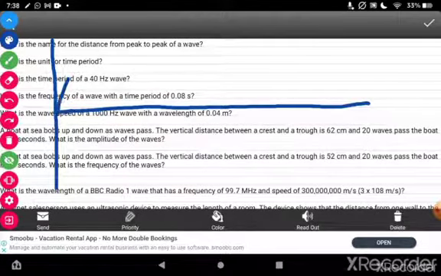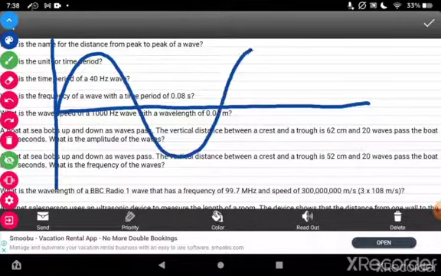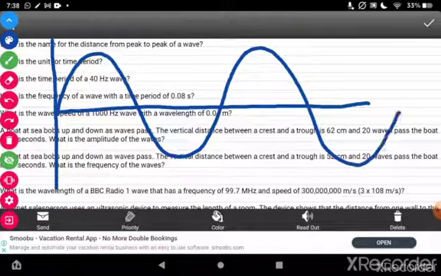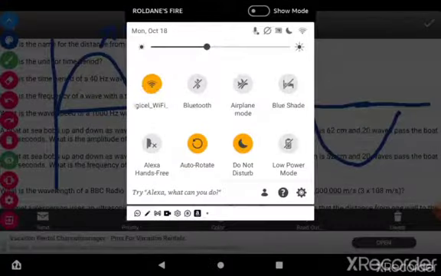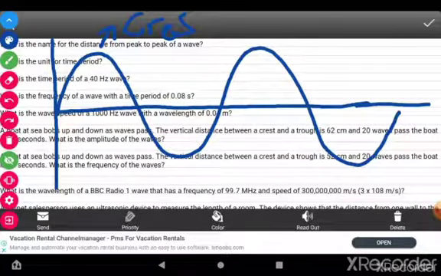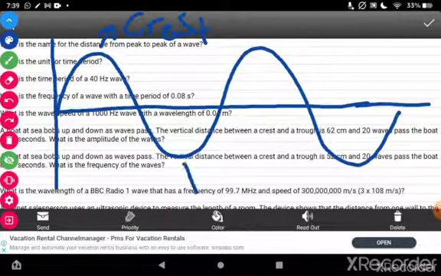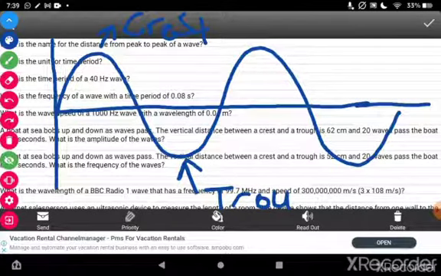If this is our wave, we have a crest right here. That's a peak. The peak right there would be the crest, that positive peak, and the trough would be this peak below, that negative one, negative maximum.